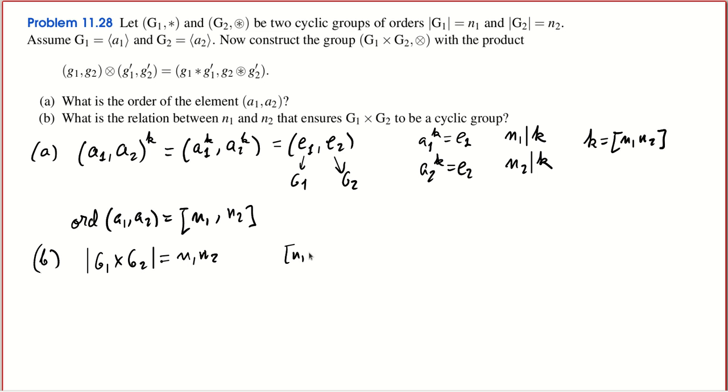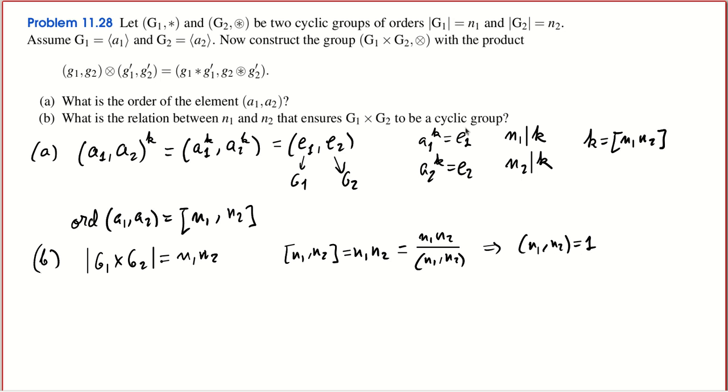Remember, the least common multiple is just N1 times N2 divided by the greatest common divisor of these two. So the condition is that the gcd of N1 and N2 is equal to 1.